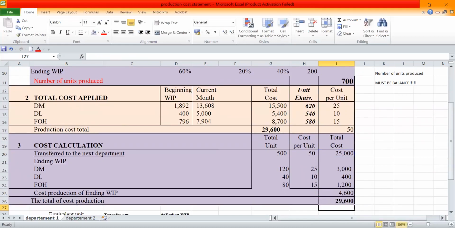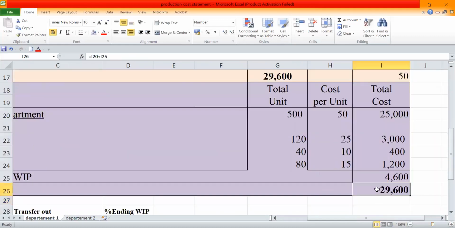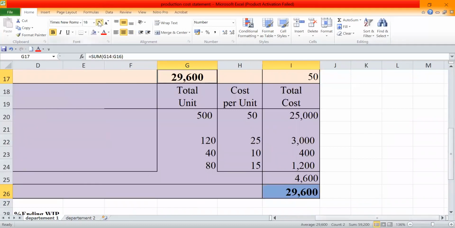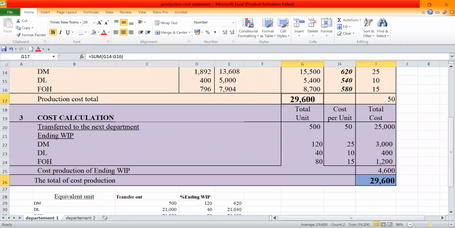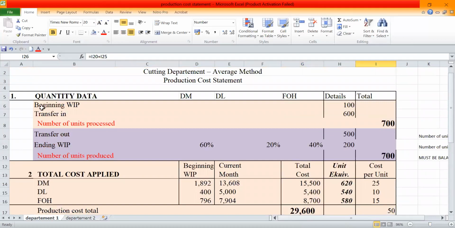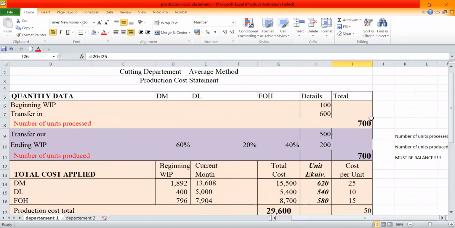Take a look again. This number is actually the same as the cost calculation in the second part. Do you guys know why it is the same? Because remember the rule of thumb in the first part: the number of units processed must be balanced with the number of units produced. The 700 units is the same as the 700 in here, they must be balanced.